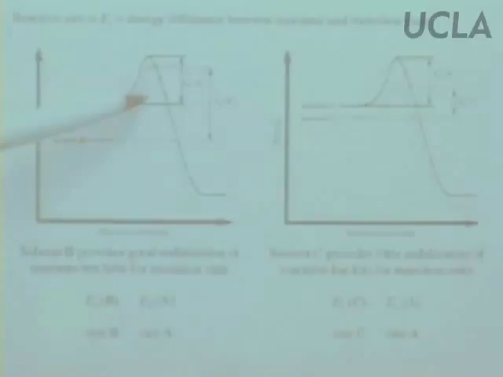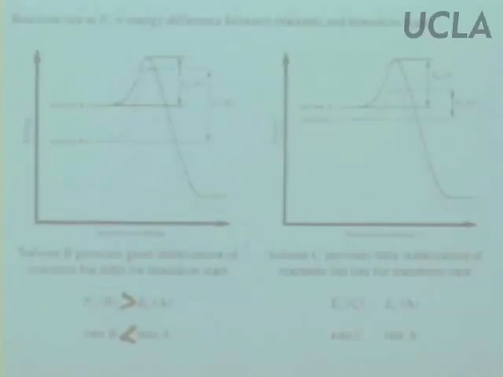In solvent A, it's that big. And in solvent B, it's gotten bigger because we lowered the transition state energy a little bit, but the reactant energy a lot. So which of these two, where we have energy of activation for B is greater than energy of activation for A? So what happens to the rate? Is reaction B faster or slower than A? It's slower. So here solvent choice has influenced the rate of the reaction.